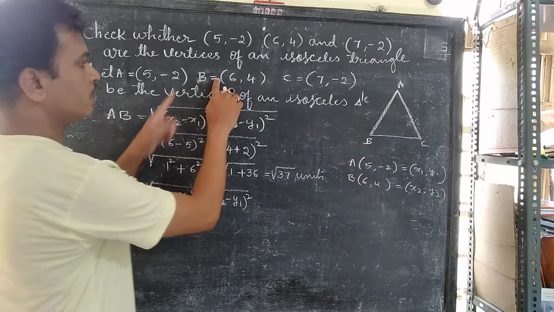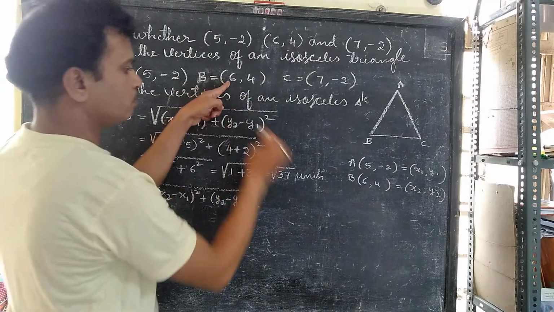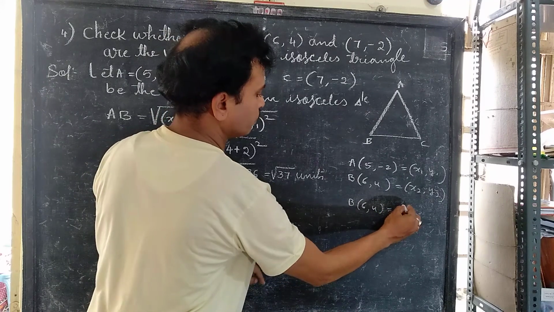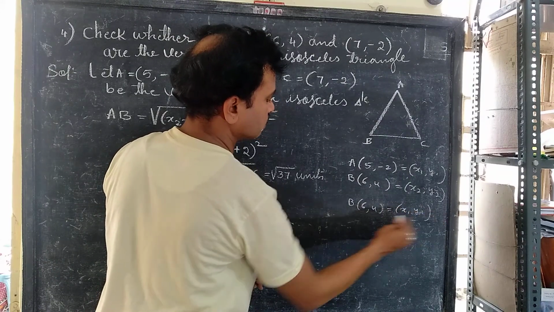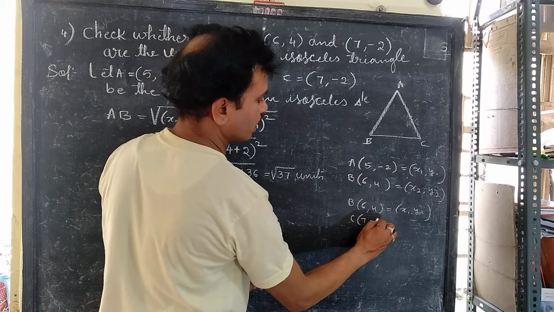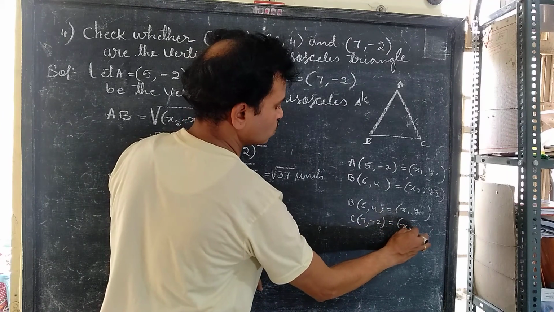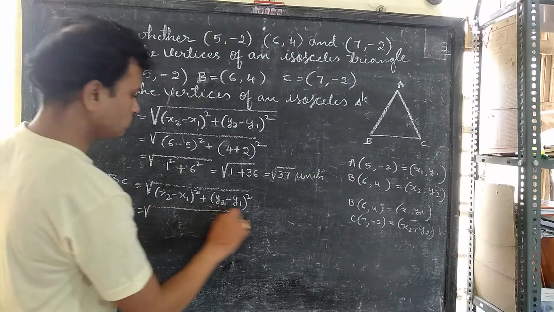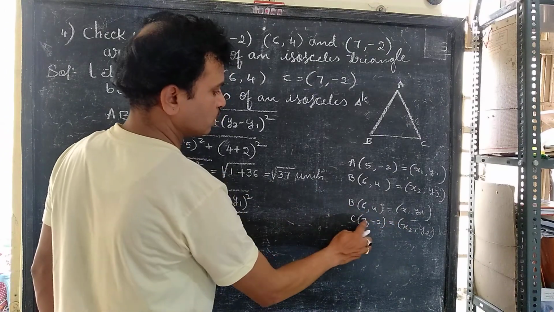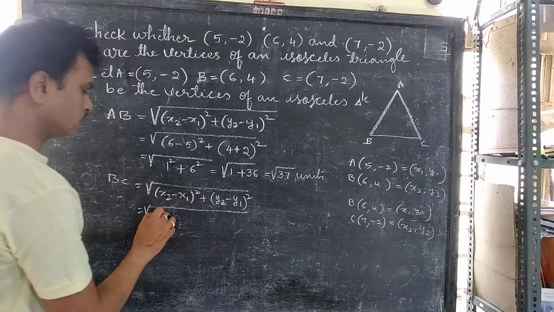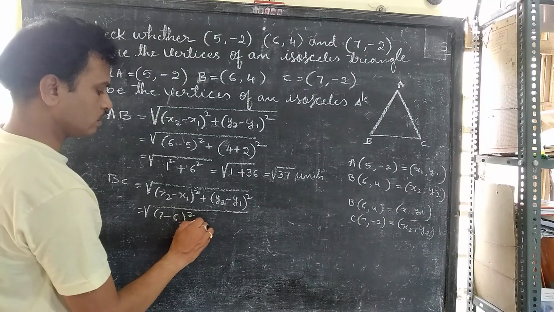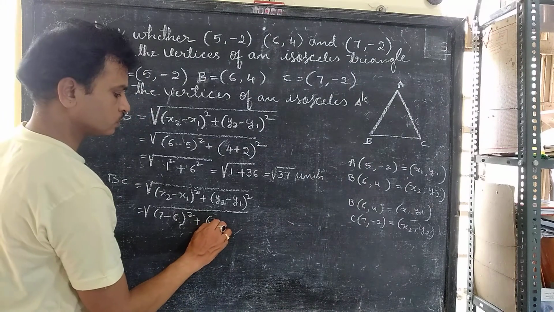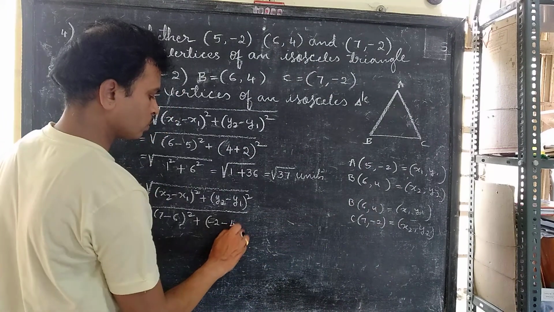Here we take point B (6, 4) as x1, y1, then point C (7, -2) as x2, y2. Then x2 minus x1, x2 is 7, x1 is 6, so (7 - 6) whole square plus y2 minus y1, y2 is -2, minus y1 is 4, whole square.